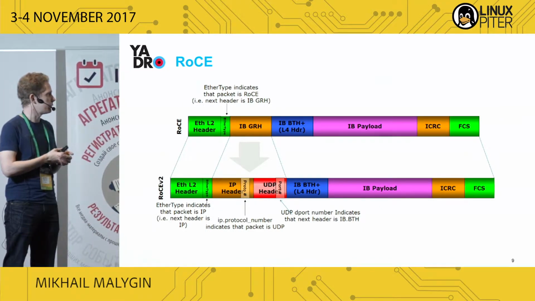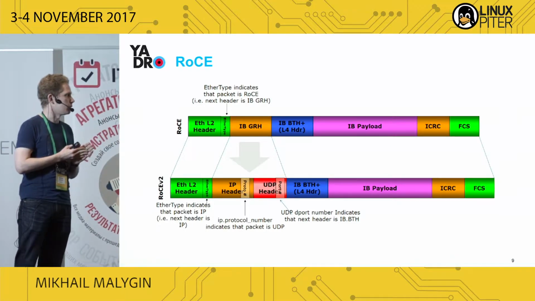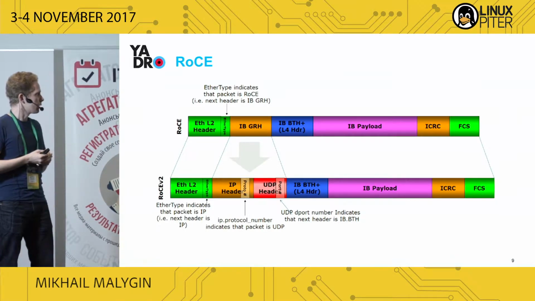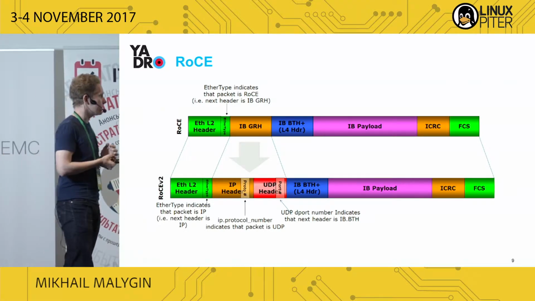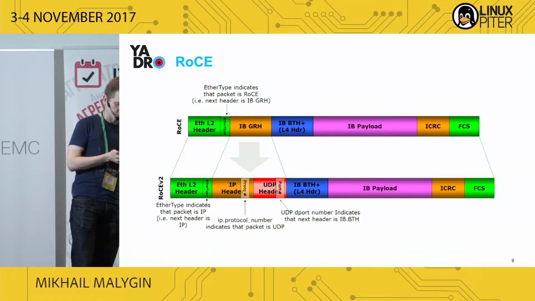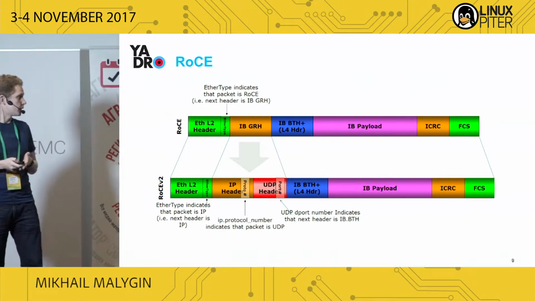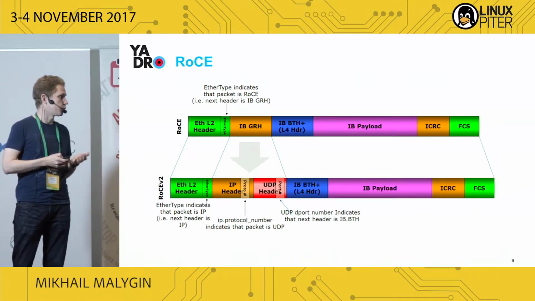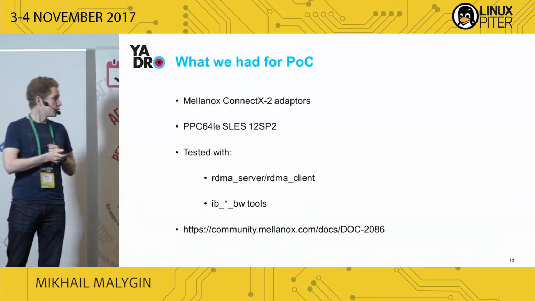We have an Ethernet frame with some headers, and an InfiniBand frame is moving along the cable, and in the second version the header is replaced by the IP header. So this is IP traffic flying in the Ethernet.